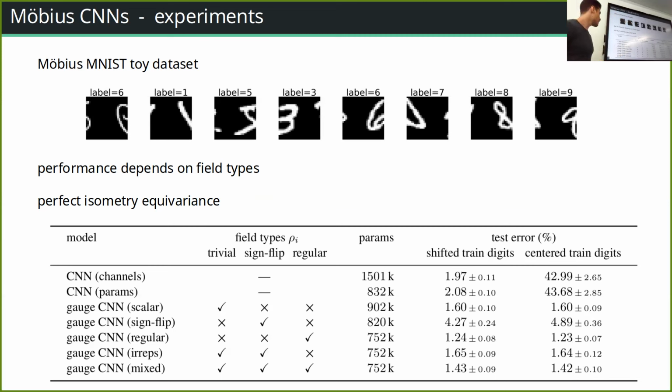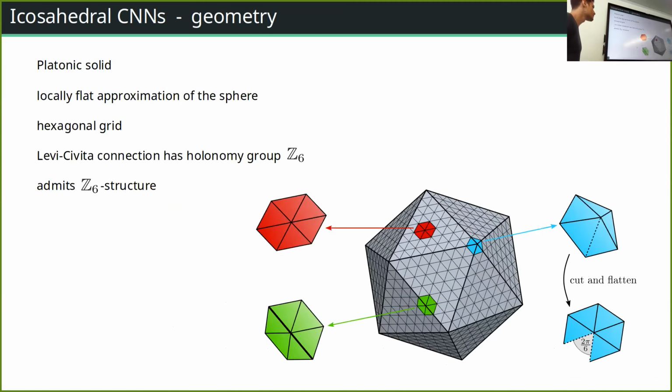And if we have a standard convolutional network and compare it with this gauge equivariant or coordinate independent CNN, we see that our equivariant CNNs work better, and they are isometry equivariant, which doesn't hold for a standard CNN, which doesn't know about this flip symmetry. And in this case, we also have to use reflection steerable kernels, of course, which I showed you before.